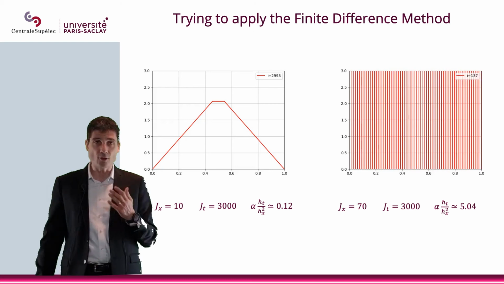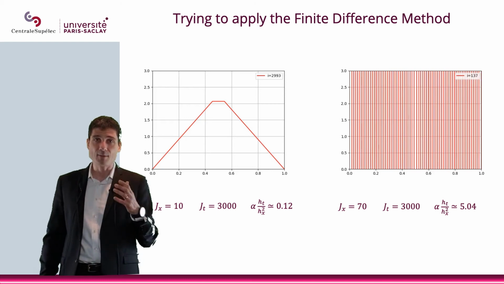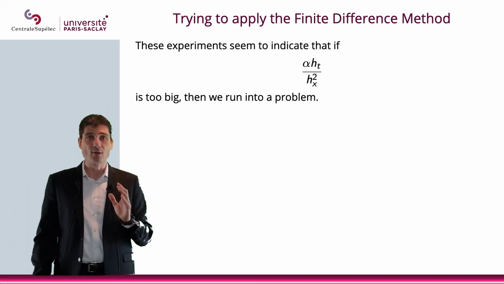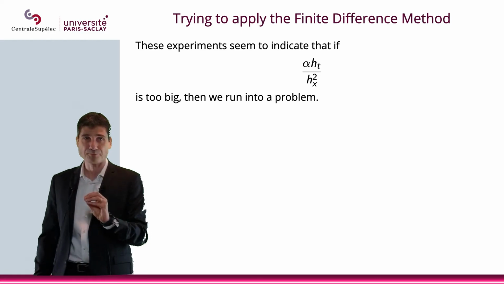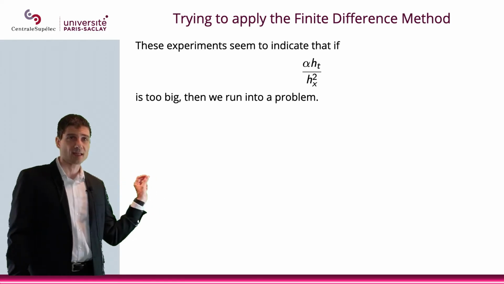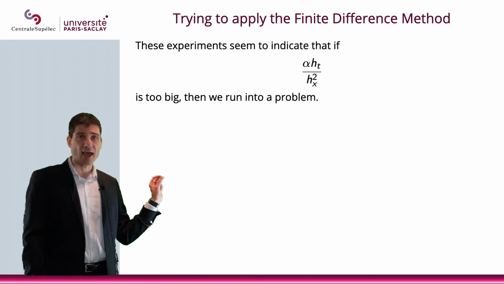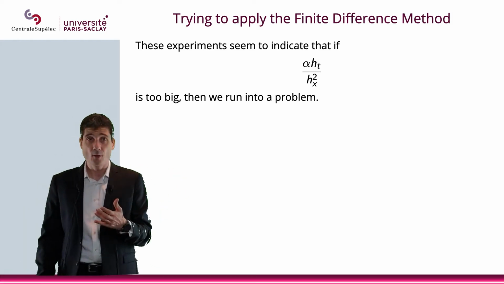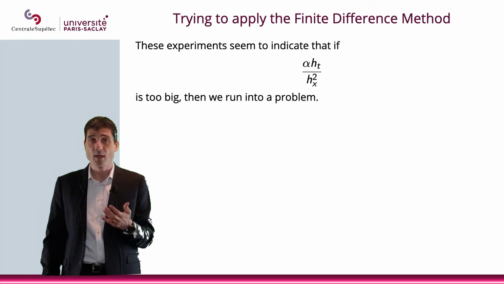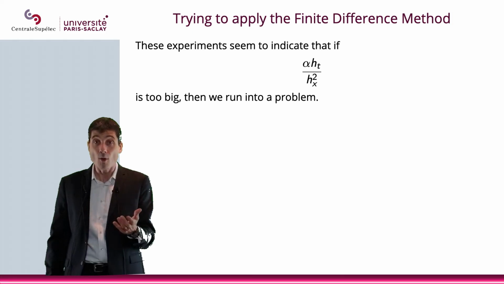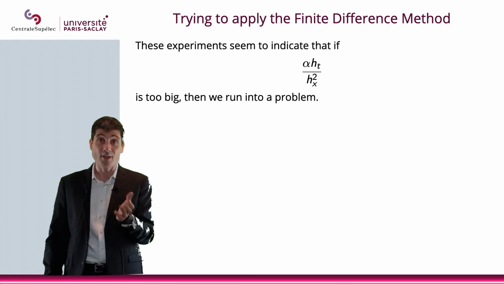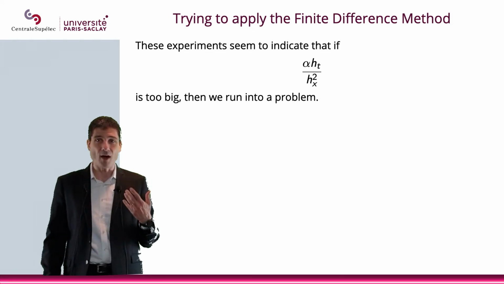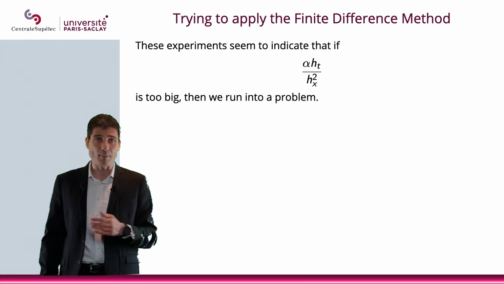And you can do several experiments and see that somehow, when the coefficient alpha ht over hx squared is too big, we run into a problem. We don't understand why at this point, but we will by the end of the chapter. But obviously this is a problem.